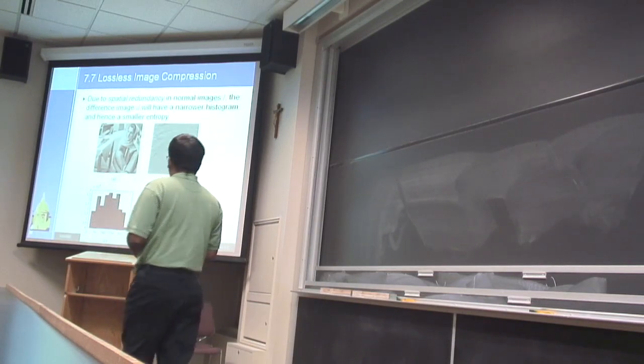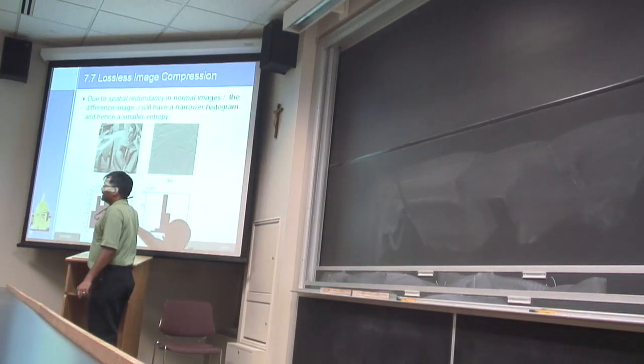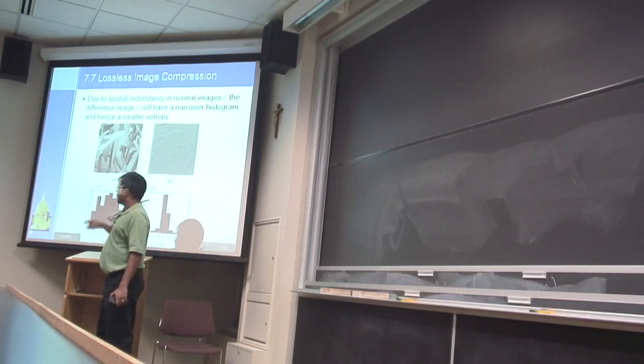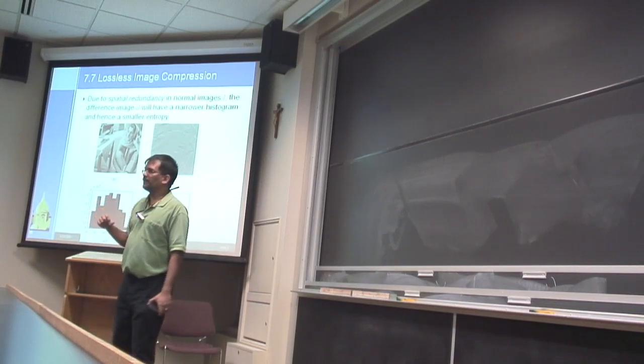So if you plot the histogram of the original image, this is the histogram of this particular grayscale image. The x-axis shows the different color values, grayscale 8-bit, right? So you have 0 to 255 values, and the y-axis shows how popular each particular color is, right?